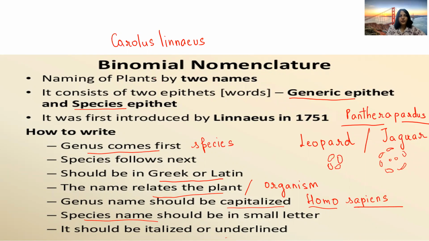Okay. Apart from binomial nomenclature, we also have trinomial nomenclature. Trinomial nomenclature consists of genus, species name, and subspecies name.